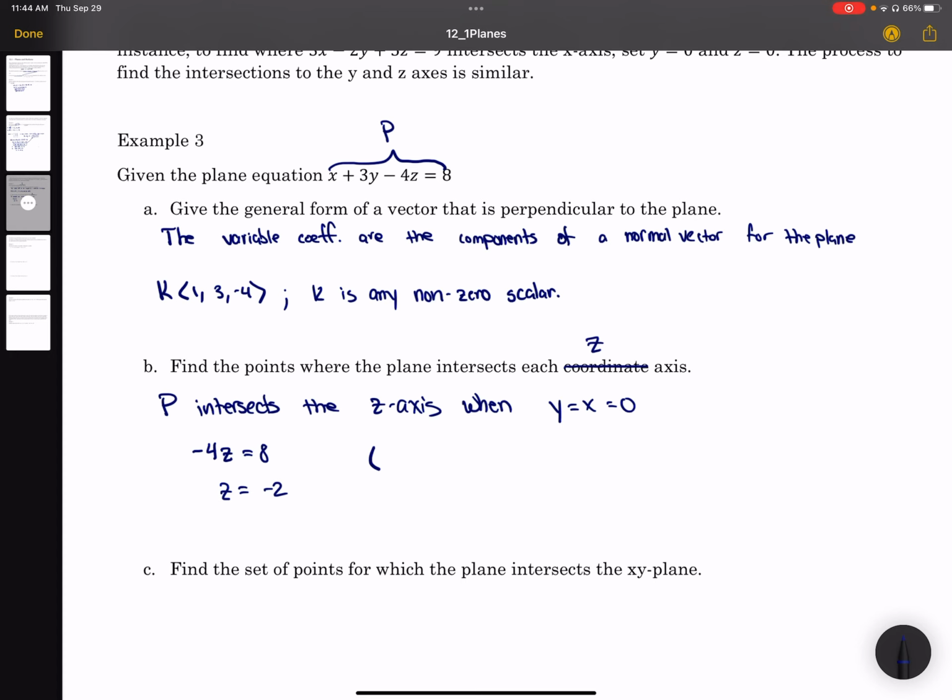Now a plane and a line are going to intersect either at a point, or the line itself, or they don't intersect at all. So in the case of a point, it's going to be 0, 0, negative 2. That's the point of intersection.